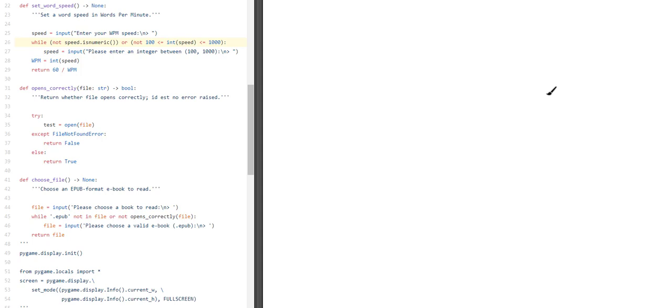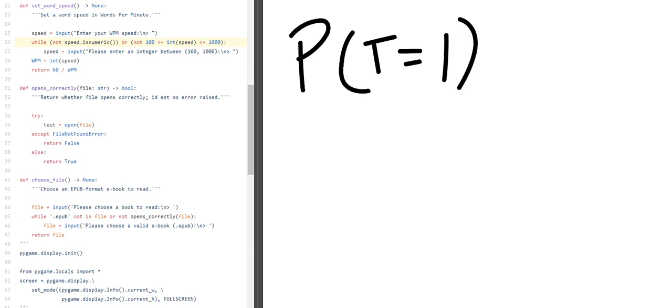What we will do is compute the probability for T equals 1. Well, how does this happen? First of all, let's have some preconditions, because this is kind of a crazy problem to solve since we don't know how often people will have any inputs that are not numeric or any inputs outside this range.